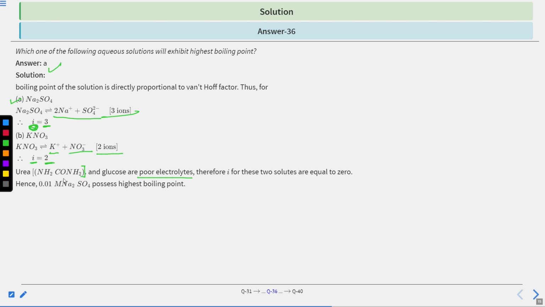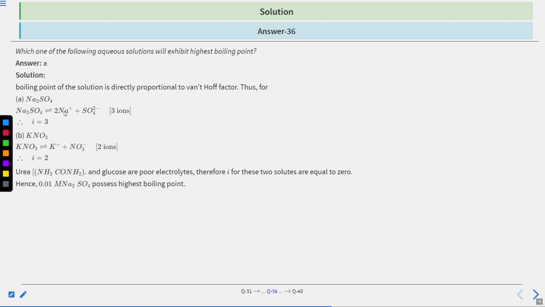Hence, 0.01 molar Na2SO4 possesses the highest boiling point because the Van't-Hoff factor is the highest, and the boiling point is directly related to the Van't-Hoff factor. So the more the Van't-Hoff factor, the higher the boiling point. So the highest boiling point will be in Na2SO4, which has the highest Van't-Hoff factor, that is 3. Hence, option A will be the correct answer.